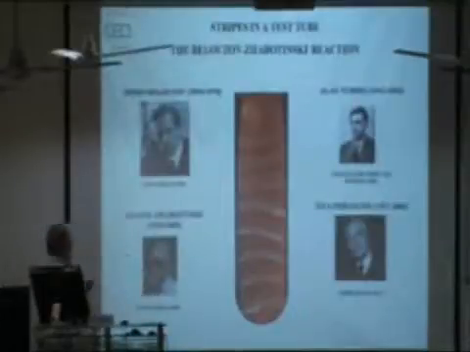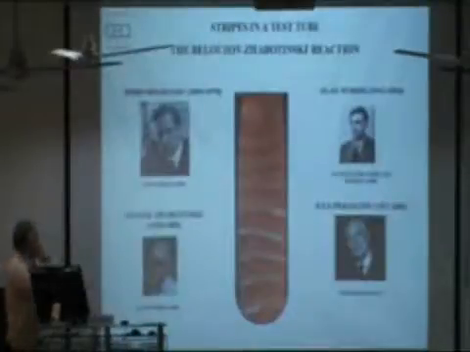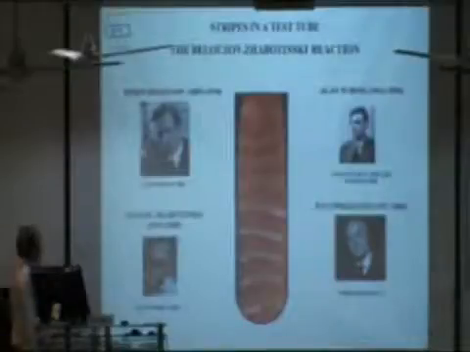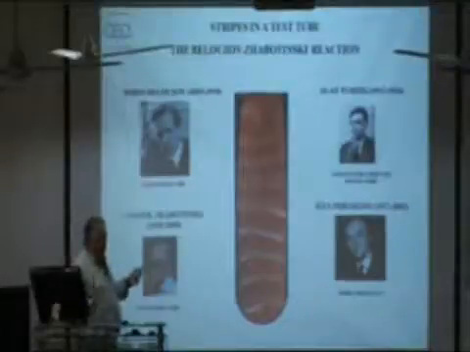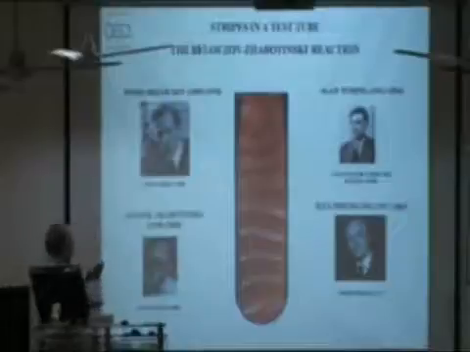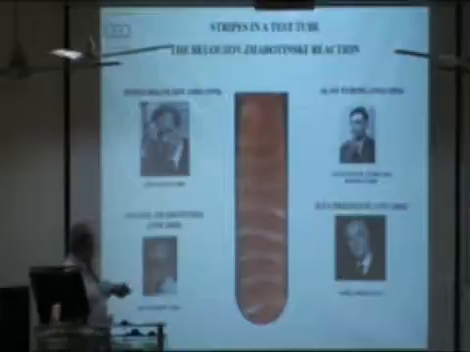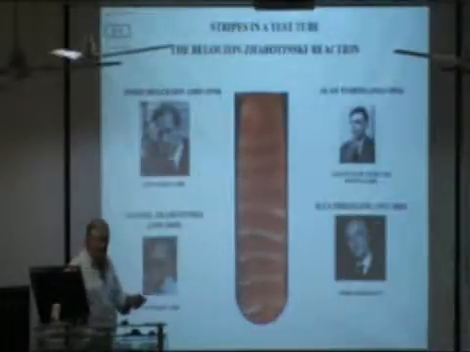Now, this is an example of a chemical self-organizing system. This is what's called the Belousov-Zhabotinsky reaction. It's a rather complicated oxidation-reduction reaction. The details don't concern us here. The major feature is you mix the chemicals up in a test tube, which is about 10 millimeters diameter, and the solution is homogeneous.